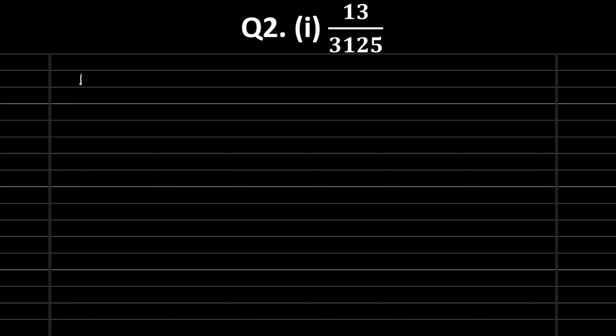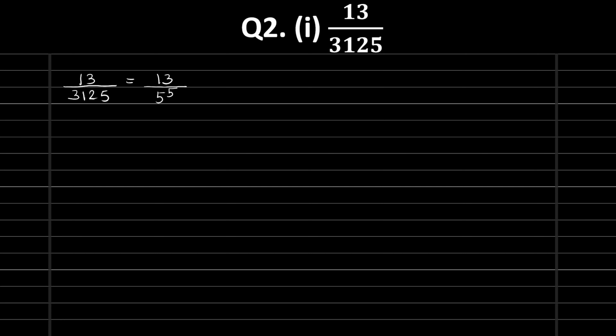So, over here, 13 upon 3125, the prime factorization of 3125 is having 5 raised to 5. Now, while writing the decimal expansion without actually dividing this number, what we can do is we have to make sure that the exponent of 5 and 2 should be the same number.